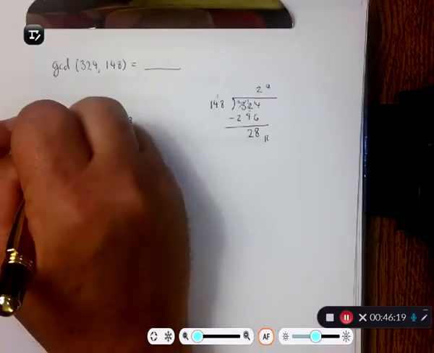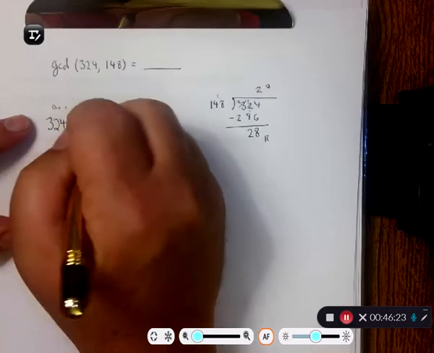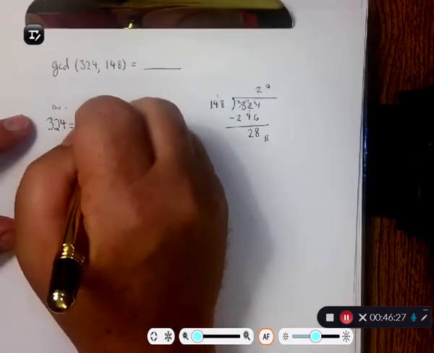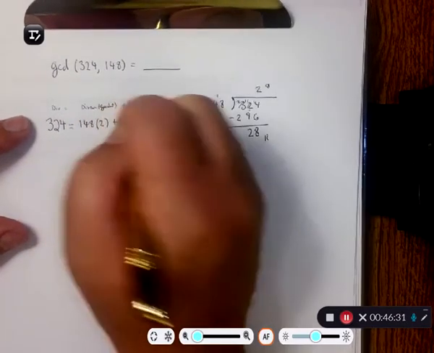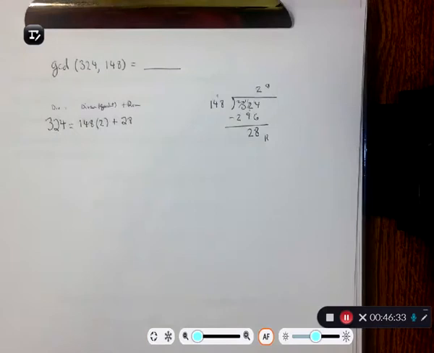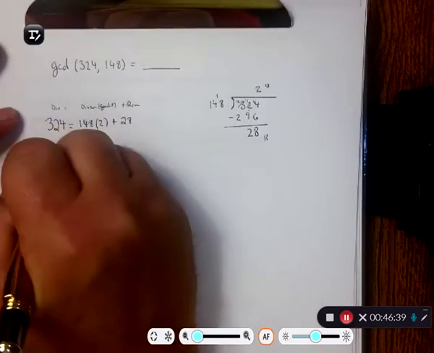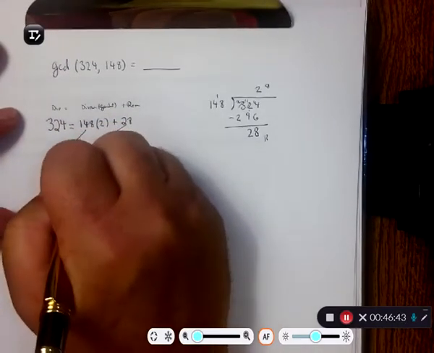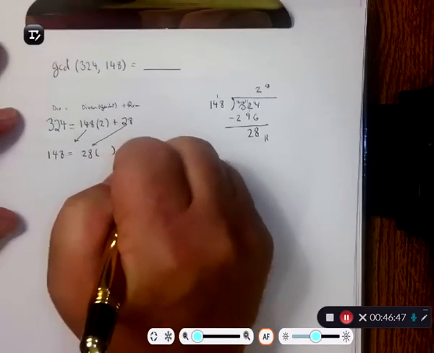The dividend is equal to the divisor times the quotient plus the remainder. So this is kind of my pattern here. All right, now remember that shift method. Shift. 148 is equal to 28 times the quotient plus the remainder.